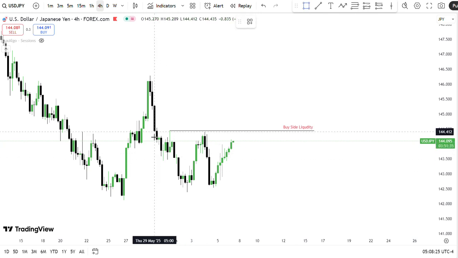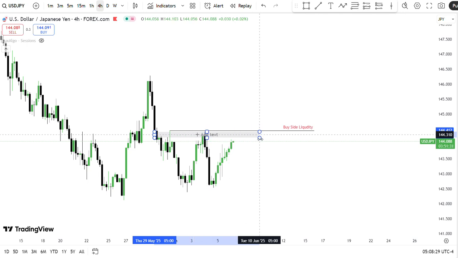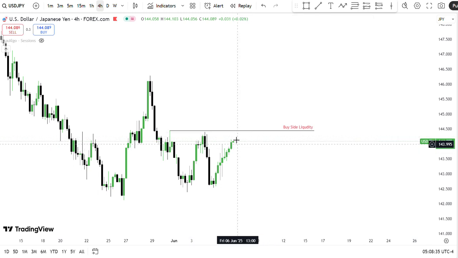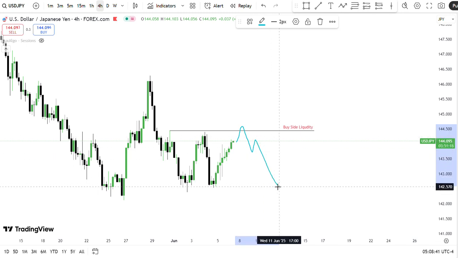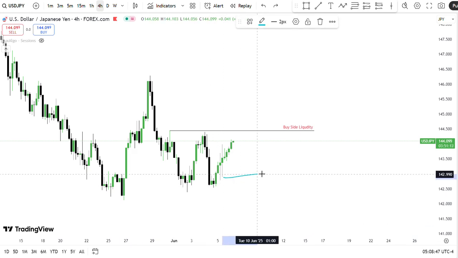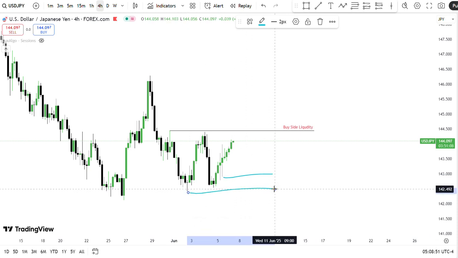After reacting to this inversion FVG in 4 hours, the market fell down. So here is a chance of the market taking this low. I am expecting the market to take this low and fall down to take these liquidities, and below there is a huge liquidity. I am expecting the market to hit my first target here, and my full target next week. So it's the overall target.